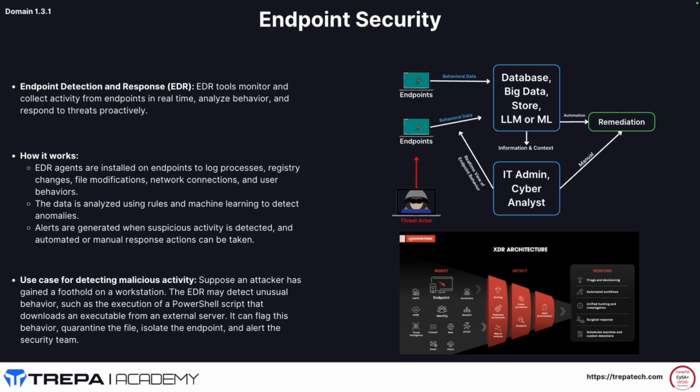All that data gets bundled into that EDR solution and is analyzed using rules and machine learning to detect anomalies. And when those anomalies are detected, we get alerted, or it can actually go in and contain or prevent, depending on how we configure it. I see here in this little flow chart, we can automate the remediation, or we can get an alert, get some context, and manually go in based off that EDR alert and quarantine or contain.